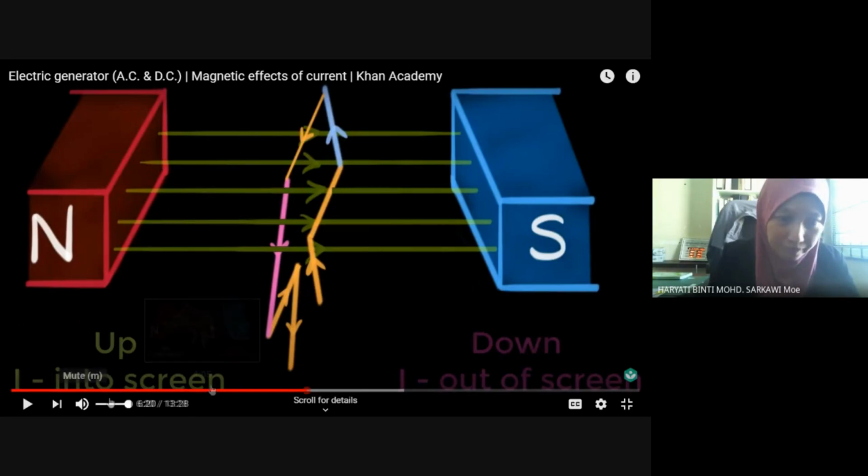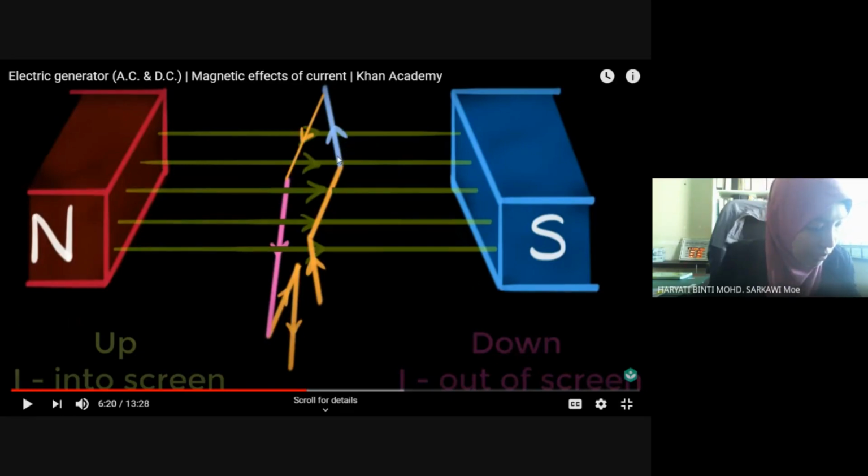You can see that every half cycle, the direction of the current, this is what we call the induced current, in the coil, in the conductor, keeps on changing.